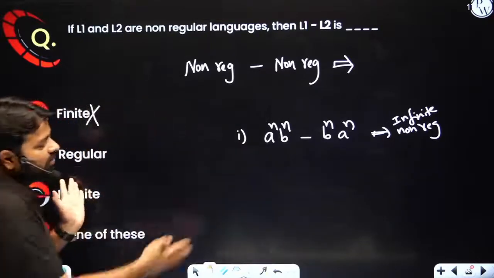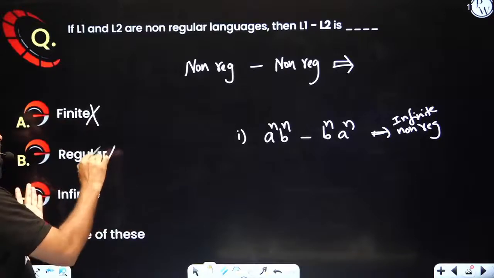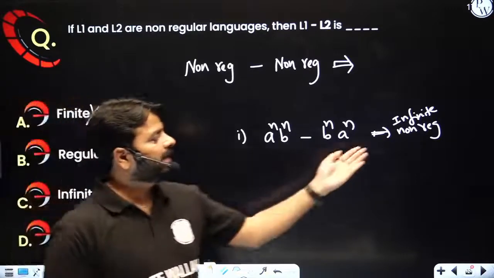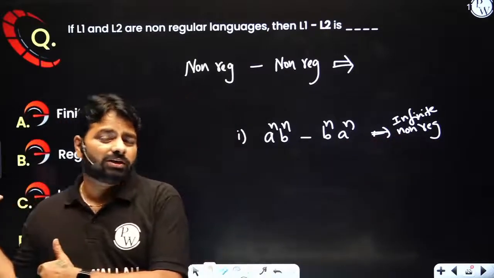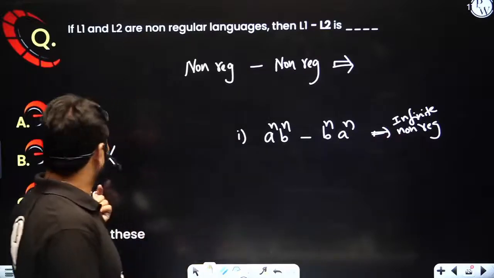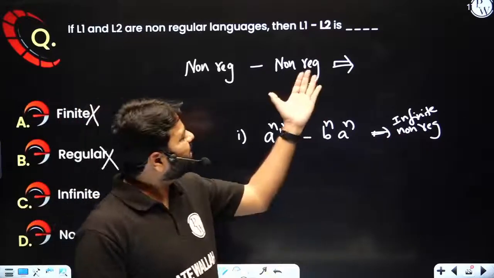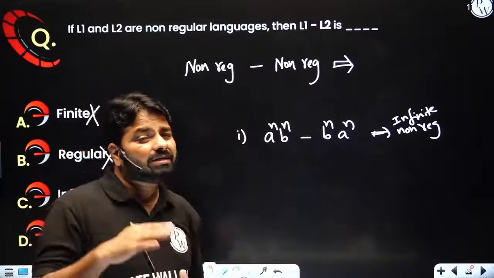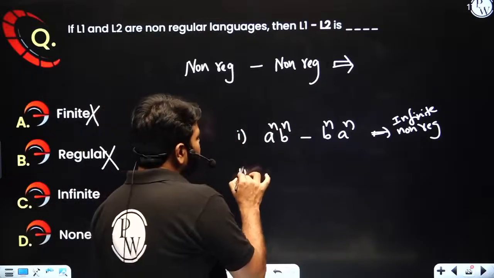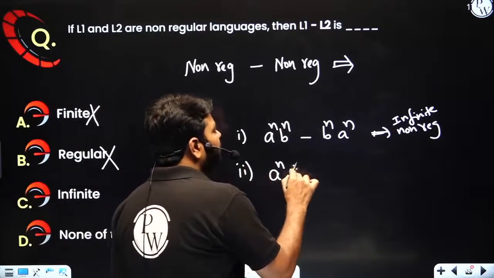Option B, the same example, will disprove regular. You may get a non-regular, so regular is always wrong. And what about infinite? Is it always infinite? Non-regular minus non-regular, is it always infinite? No. Just take the same example, non-regular minus non-regular.